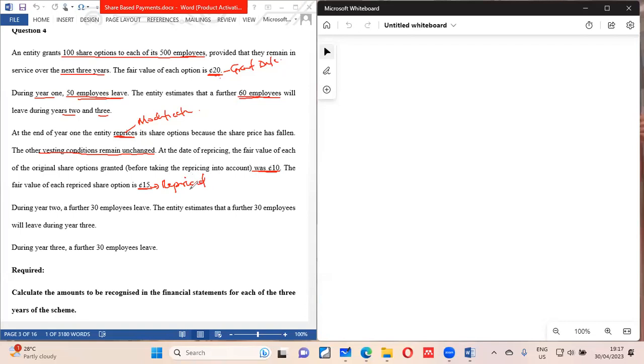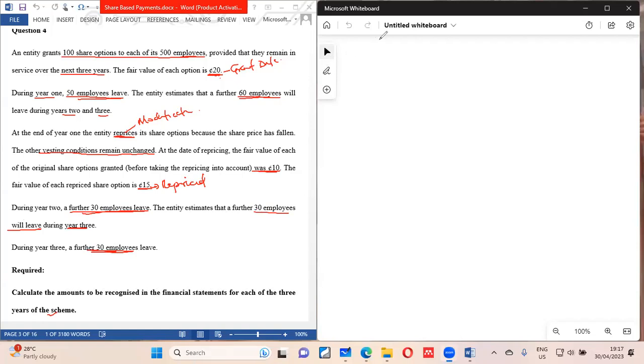So it is repriced to 15. During year 2, a further 30 employees leave. And the entity estimates a further 30 employees will leave during year 3. During year 3, a further 30 employees leave. Calculate the amount to be recognized in the financial statement for each of the 3 years of the scheme. So that is our question.